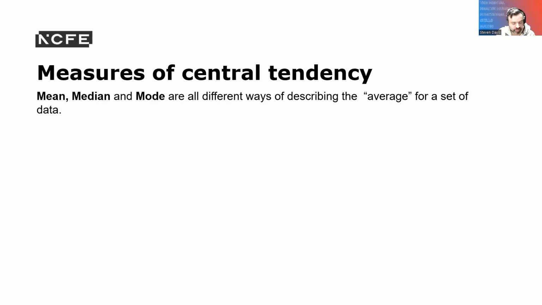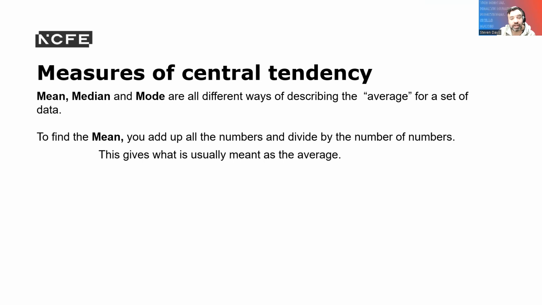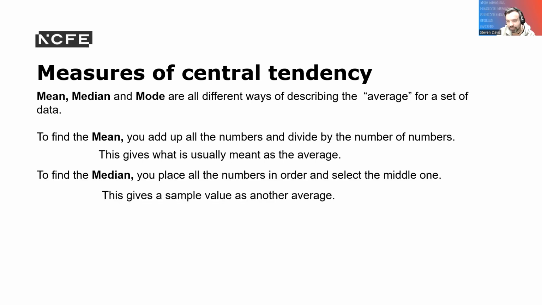So let's just start off by getting our heads around what we mean by this. Mean, median, and mode are all different ways of describing the average for a set of data. To find the mean, you add up all the numbers and divide by the number of numbers. This will give you what is meant as the average.